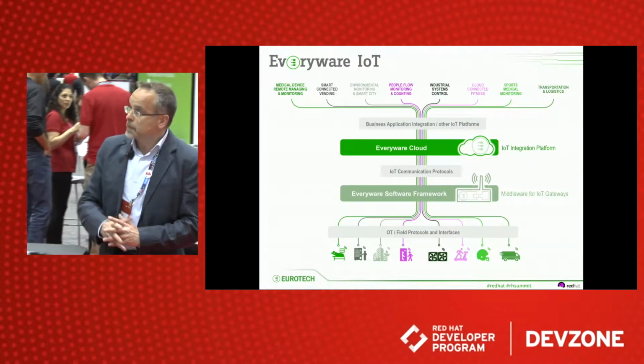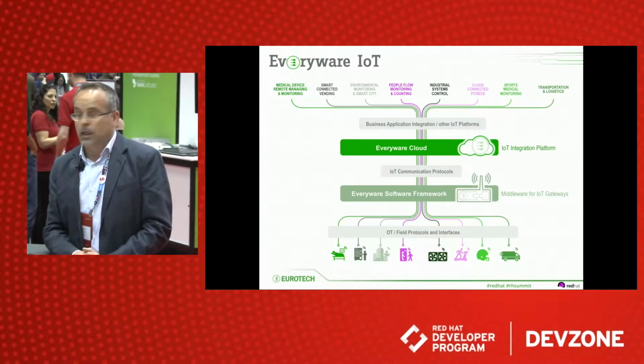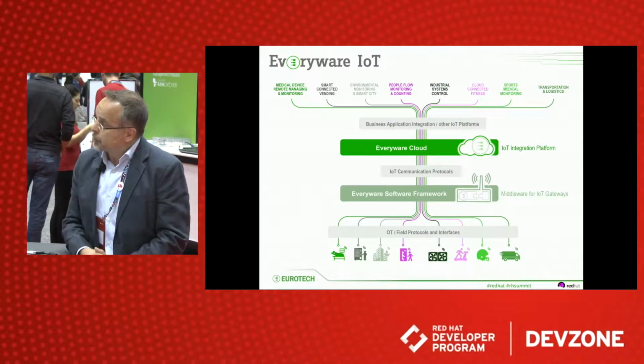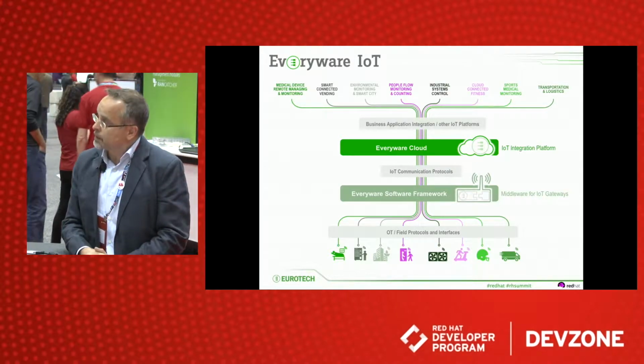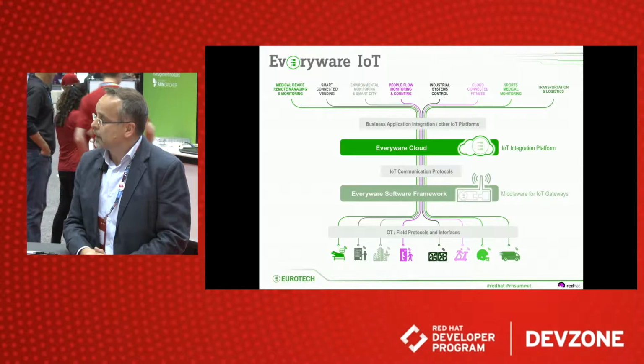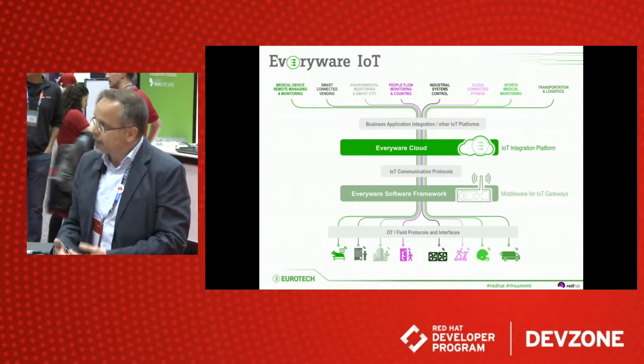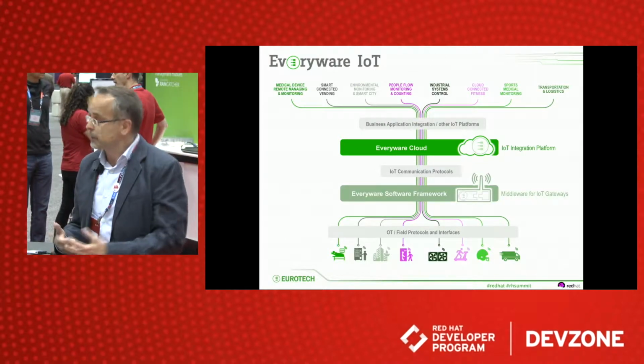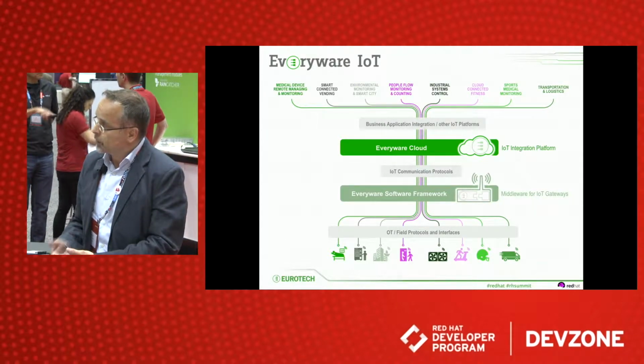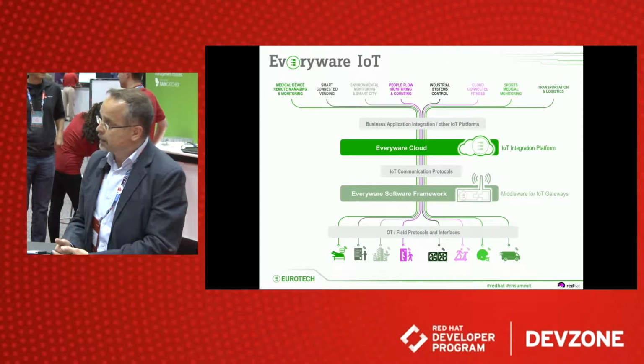This is a pretty typical stack of the IoT architecture, and Everyware IoT is our name for the combined implementation, from devices, sensors, and constrained devices at the bottom, with connectivity to the gateway in the middle.